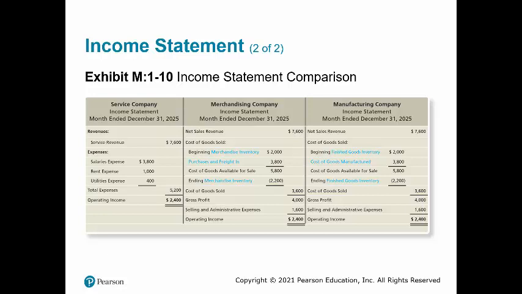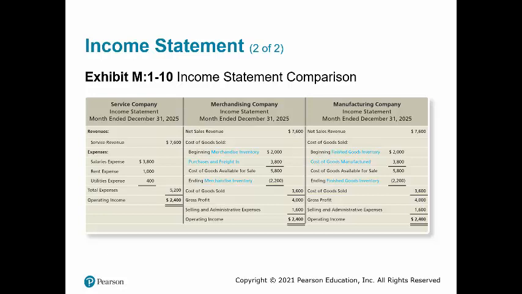For manufacturing companies, we're going to start out with our finished goods beginning inventory, and then we're going to add to that the cost of goods manufactured, which we will calculate ourselves in a separate schedule. Adding finished goods inventory to cost of goods manufactured gives us cost of goods available for sale.